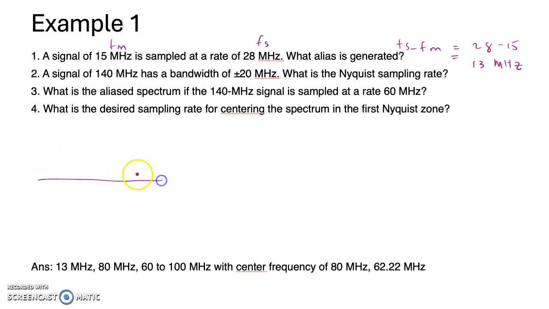So we started here: our FM is 15, our FS is 28. Half of FS is 14, and the Nyquist zone is here. This is the first Nyquist zone. So down converting will give me something in the first Nyquist zone.